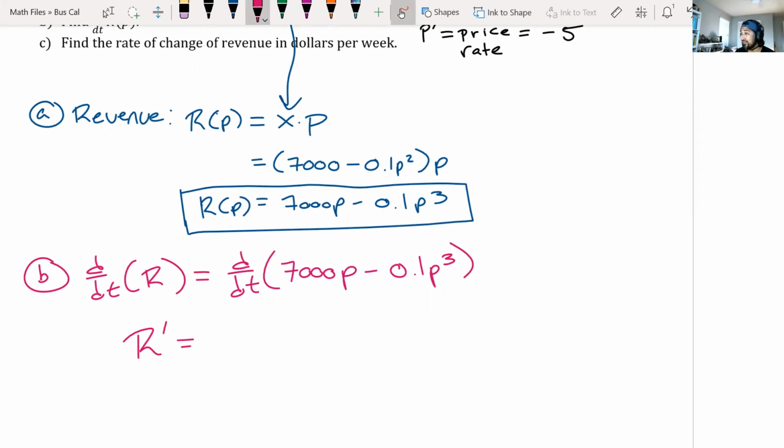Implicit derivative of R prime. The implicit derivative of 7,000 P with respect to time is going to be 7,000 P prime minus the implicit derivative of 0.1 P cubed. This 3 comes down and multiplies the 0.1, which means I'll get 0.3 P squared P prime.